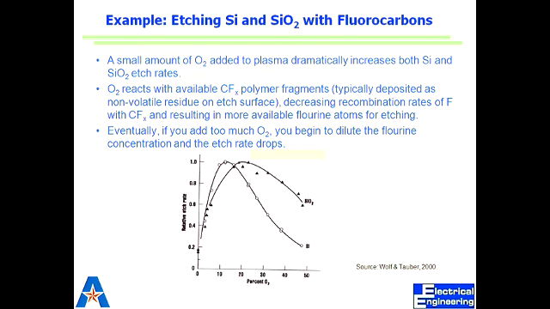Of course, when C has decreased but F is the same, the F/C ratio increases. When the F/C ratio increases, it means your etch rate also increases, whether this is silicon or silicon dioxide, irrespective of silicon or silicon dioxide, the etch rate increases.